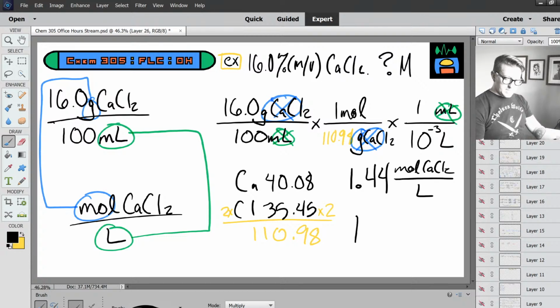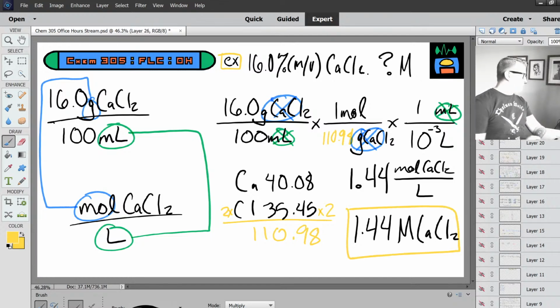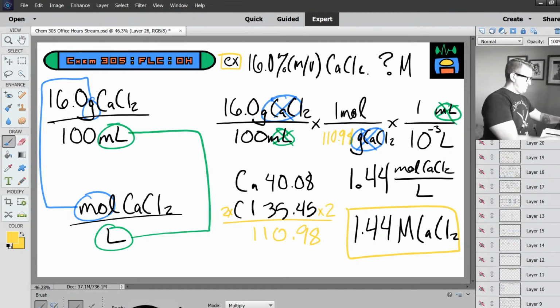That is the same thing as 1.44 molar of calcium chloride. So that is the answer for the second example.